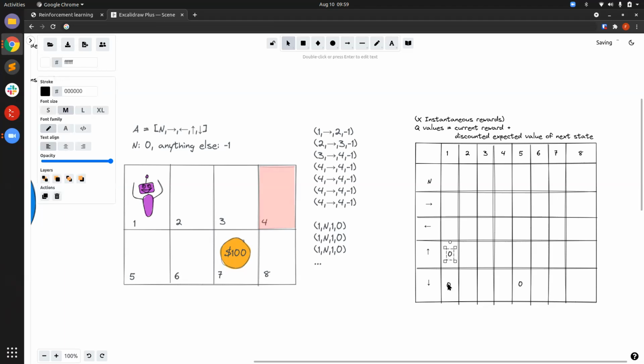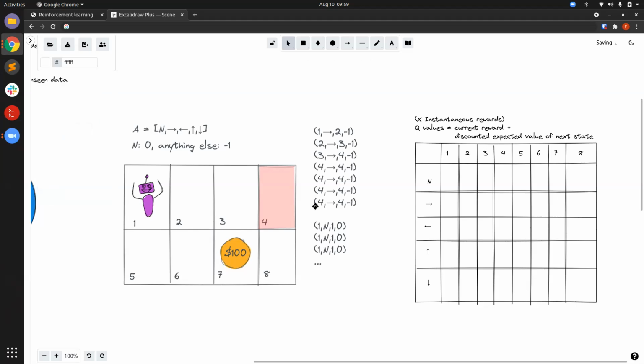I'm not going to actually fill them in. So we start by observing our state. I'm in state 0. And I'm going to follow a policy where I choose the optimal action from each state, and if all actions have equal Q values, I'll randomly choose one with uniform probability.